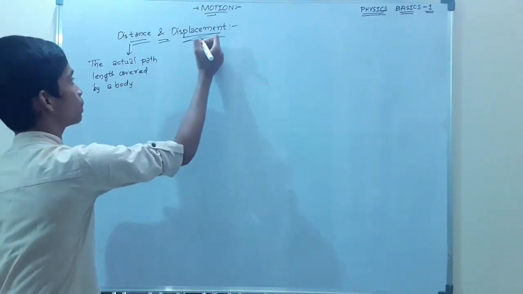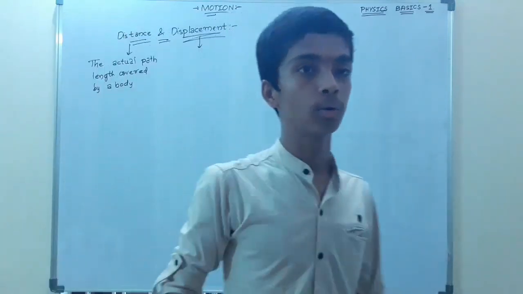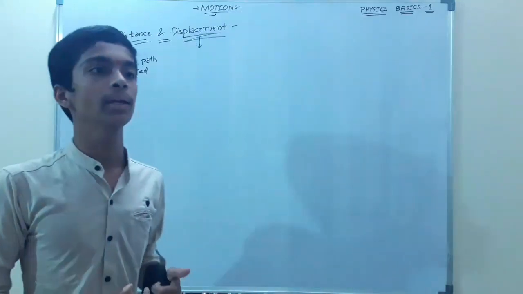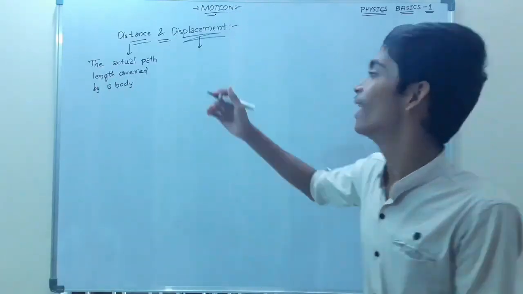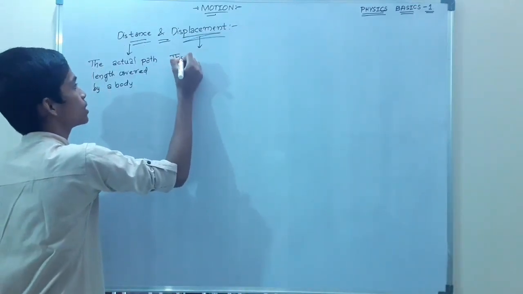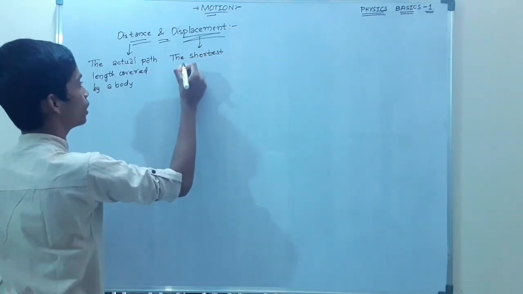And what is displacement? We have already learned in our 8th class about these formulas, but we'll just recap. Displacement is the shortest distance. The shortest distance is called displacement.